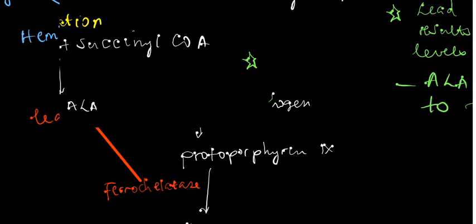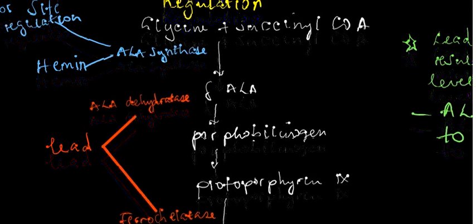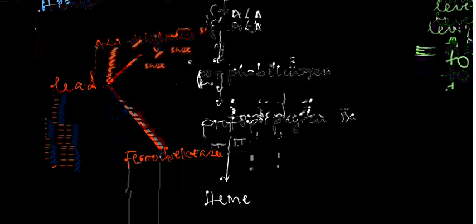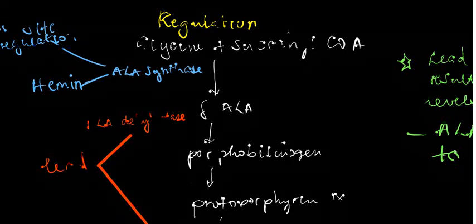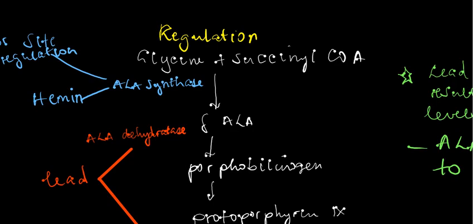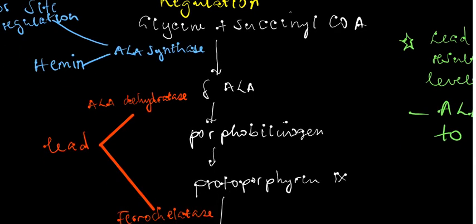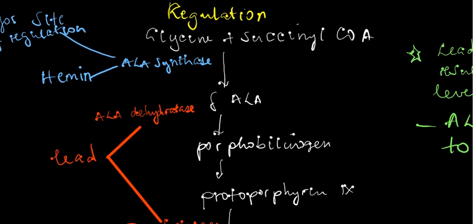Next up, we are going to look at the regulation of heme synthesis. There are several reactions that have been skipped, just to show you exactly what's happening. So regulation starts with glycine plus succinyl-CoA, giving us aminolevulinic acid, which is ALA. Now remember we said this is the rate limiting step of the reaction.